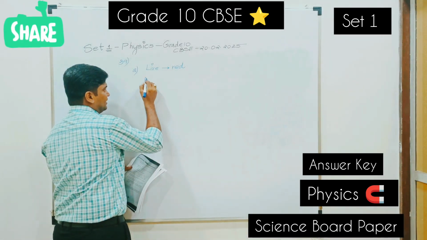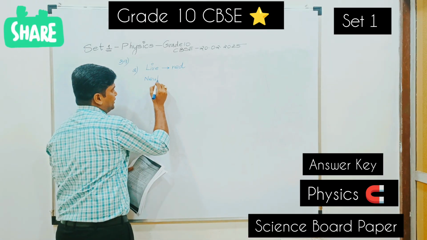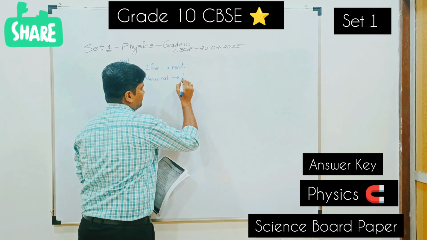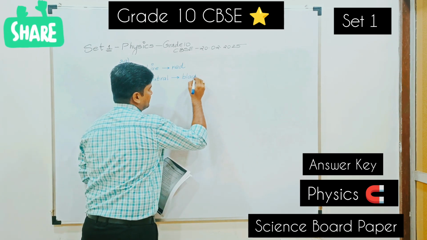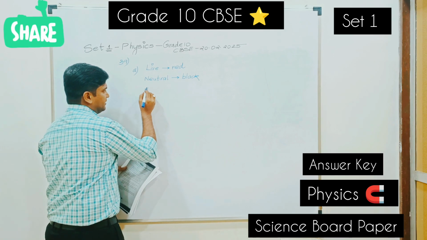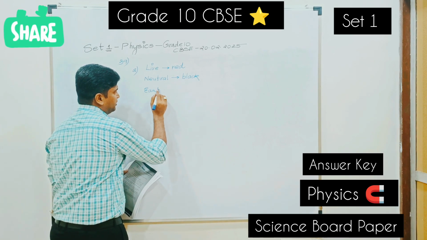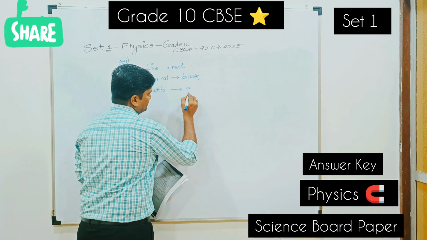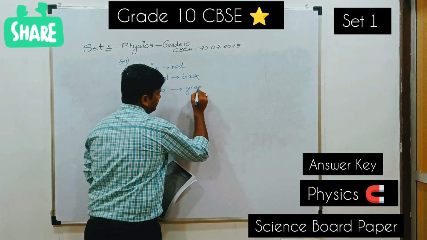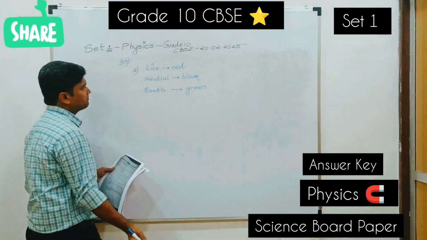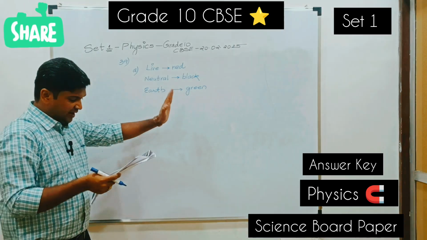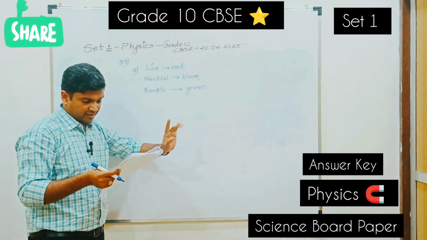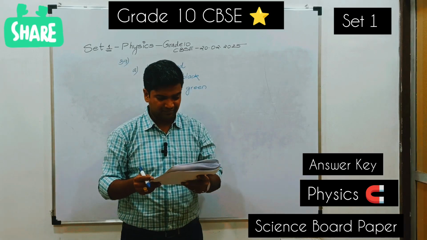If it's neutral, then I think my kids must have written black. And this everybody knows: the earthing wire should be green. So live is red, neutral black, earth green. This carries 1 mark.